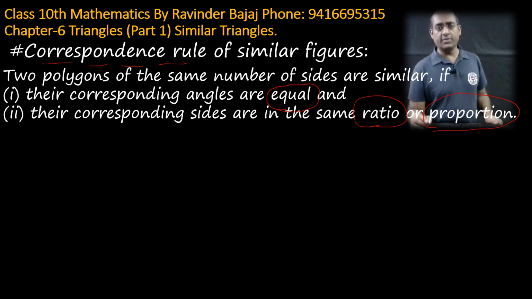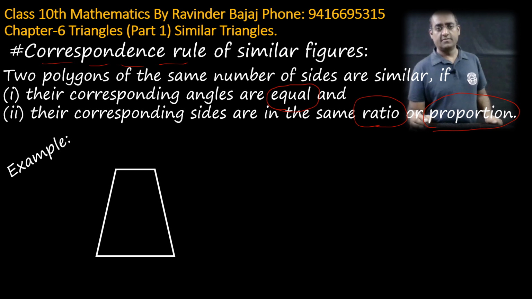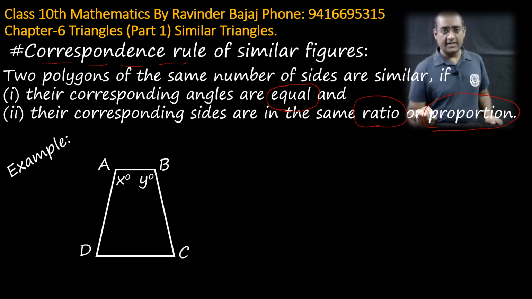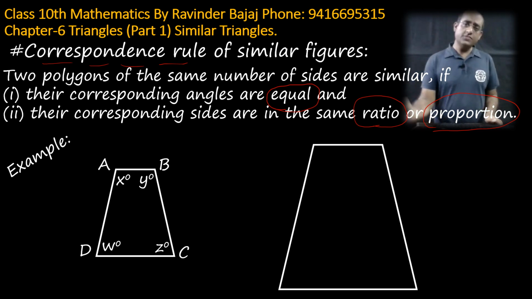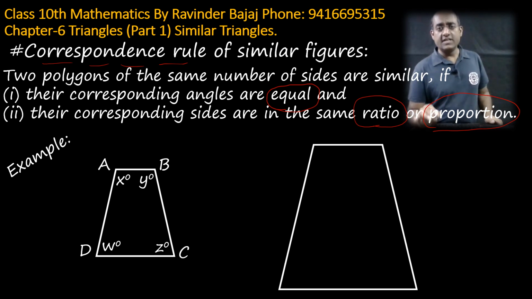See here, I'm giving you an example. This is a trapezium. A, B, C, D is a trapezium. Angles are X degree, Y degree, Z degree, and W degree. These are the four angles of the trapezium. This is one more trapezium where the names of the vertices are P, Q, R, S. P, Q, R, S is again a trapezium, and angles are X degree, Y degree, Z degree, and W degree.